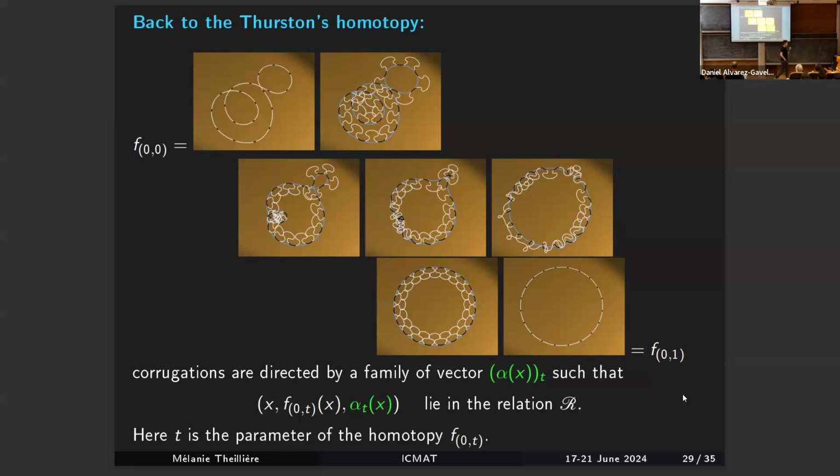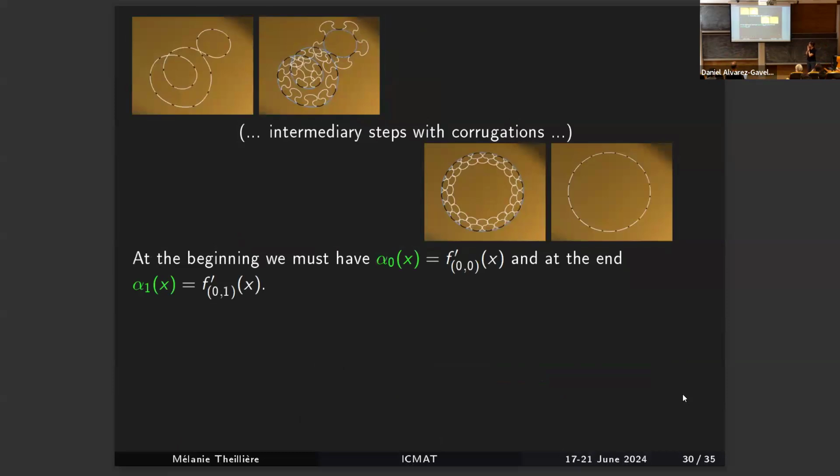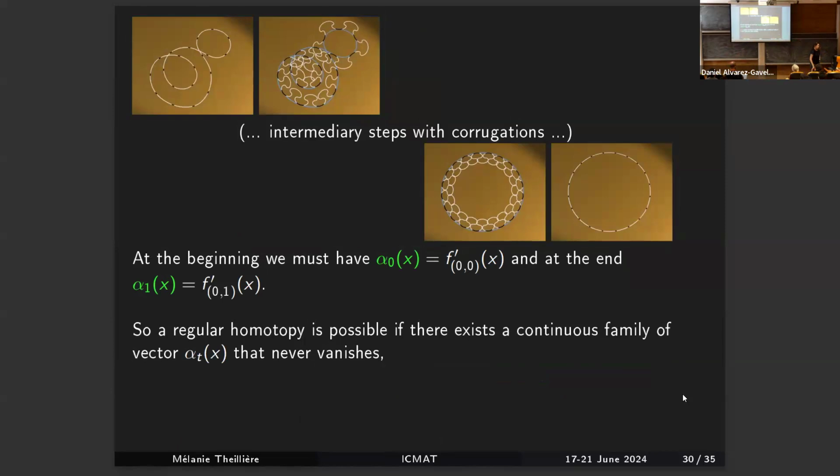So in fact, to do the previous construction, we need to find a family of vectors alpha t such that at the beginning alpha 0 equals the derivative of the initial curve. At the end, the vector alpha 1 equals the derivative of the final curve. And such that for any t, alpha t never vanishes, because it plays the role of our new differential of the formal solution.